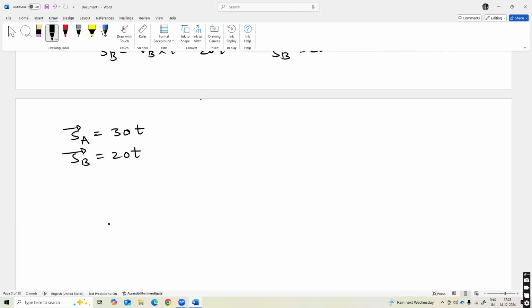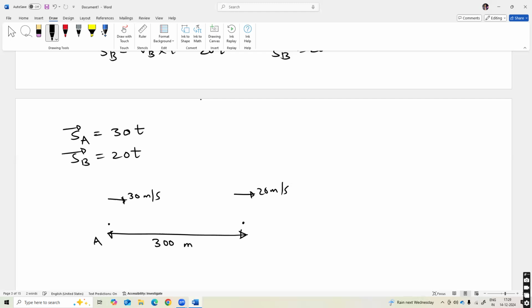Now A was here moving at 30 meters per second, and B was here moving at 20 meters per second, and the initial distance between them was 300 meters.